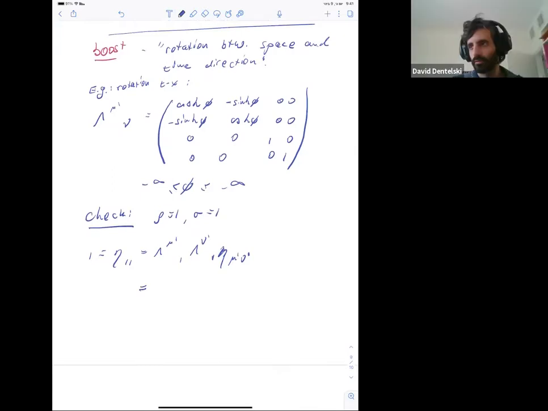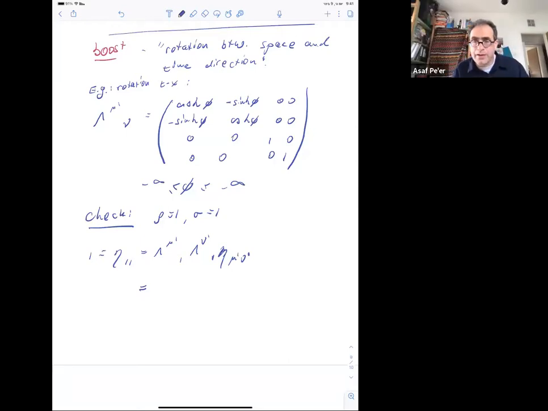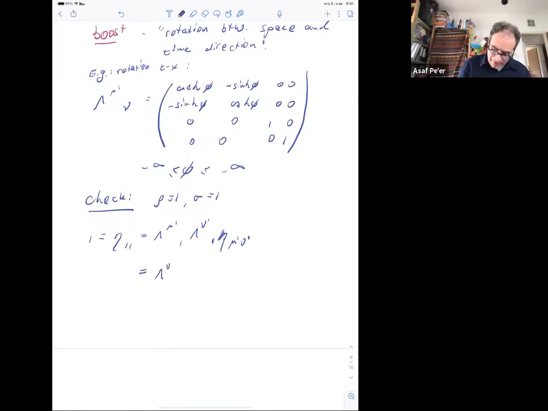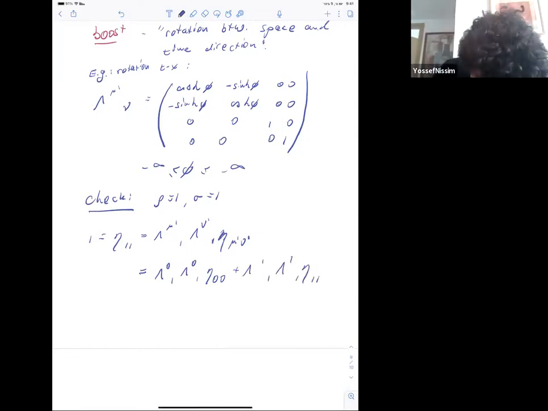Again, mu prime needs to be equal to nu prime for eta. And what values can they take? Values between 0 and 3. But what will be the non-zero values that they will get? 0 and 1 only, exactly. So you have lambda 0, 1, lambda 0, 1, eta 0, 0, plus lambda 1, 1, lambda 1, 1, eta 1, 1. The rest are zeros.